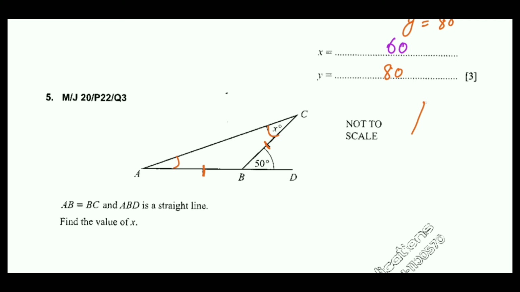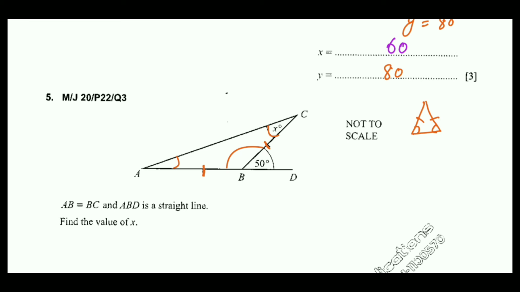So what are actually the base angles? If these two sides are equal, their base angles will be these two. So what will we do here? First of all, we will find this angle. How? By subtracting 50 from 180, using the angles on a line property.